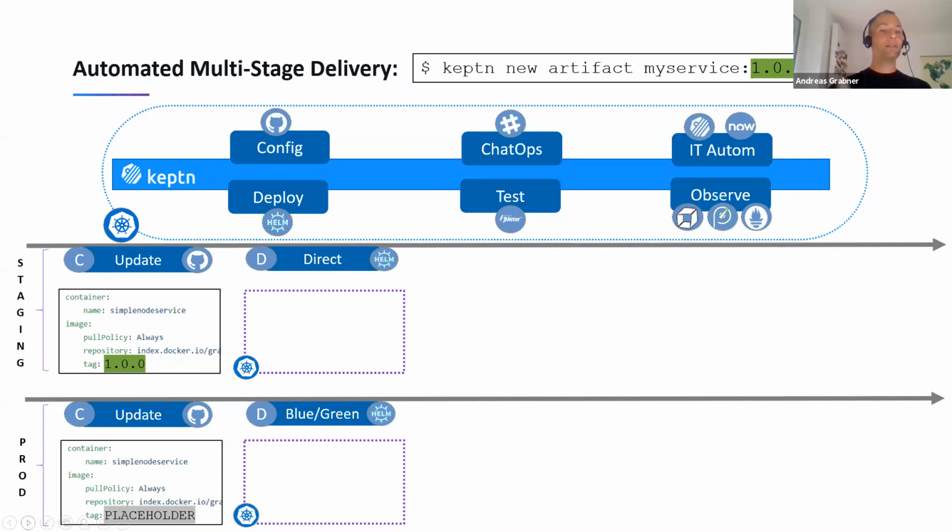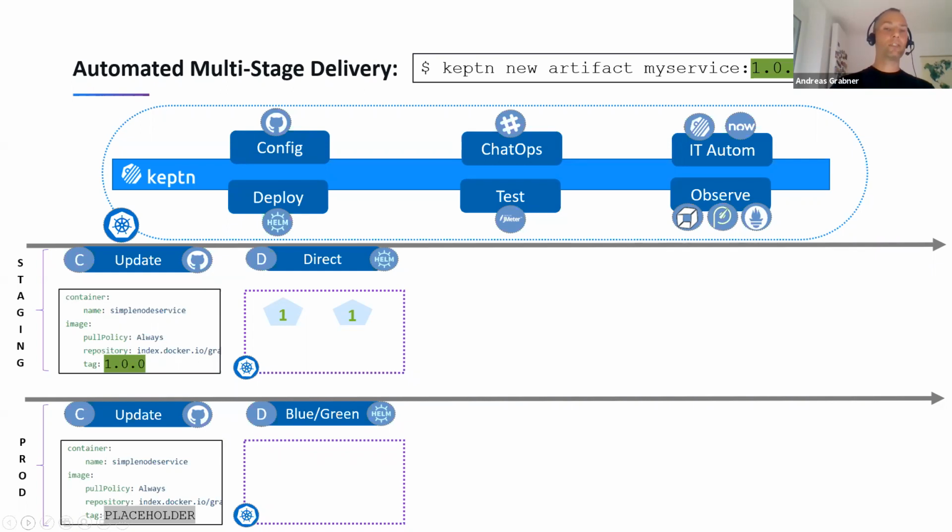It will update the values YAML with the right version. The second thing is once this is done, it will send an event for deployment. If I've specified direct deployment, then the Helm service in my case will pick it up and say, okay, I'm just applying my Helm charts that have already been prepared for me for direct deployments.